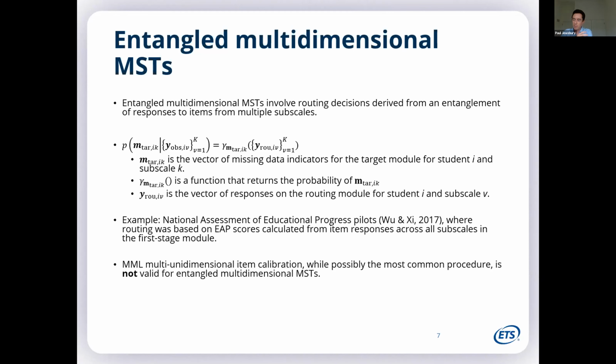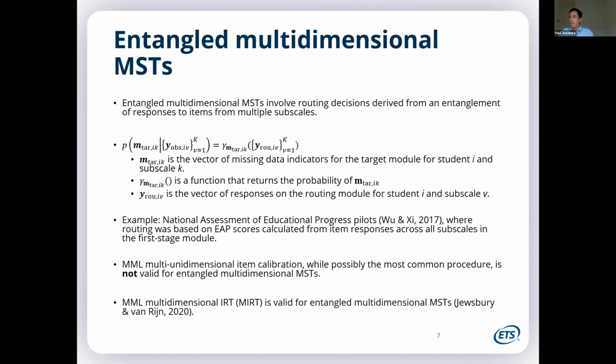This is because all of the subscales are important in determining the pattern of missing data, and therefore it's important to model the probability of all of the subscale items on the routing module simultaneously in order to ensure that you properly accounted for the missing data. We also showed that ML multidimensional IRT, or MIRT, which does simultaneously account for the probability of all of the routing items, is valid for entangled multidimensional MSTs.